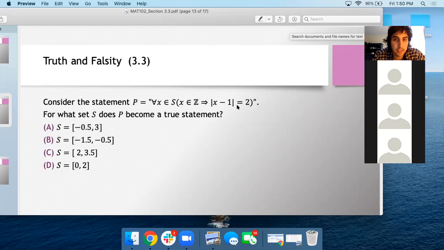In the third one, the only integers are 2 and 3, and in the last one, it's 0, 1, and 2. You see what I'm saying? Yes. Yeah, you're only testing the integers. Yeah, that's what the question's asking. Right, it says for all x in Z. Perfect. Okay, good.